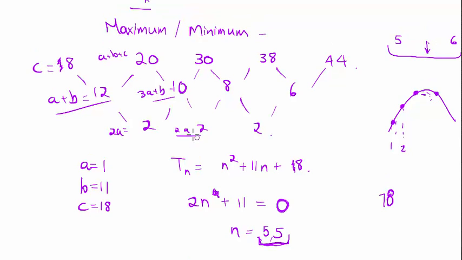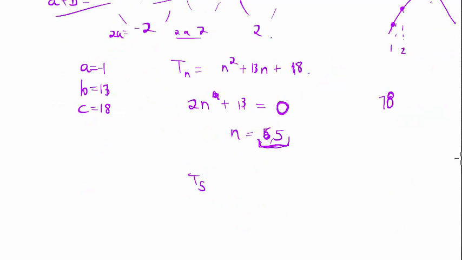I made a mistake. This is not 2, it's negative 2. A is equal to negative 1. And so then this becomes 13, and so that's 6.5. Sorry about that. Okay, so T6 and T7 will have the same value.